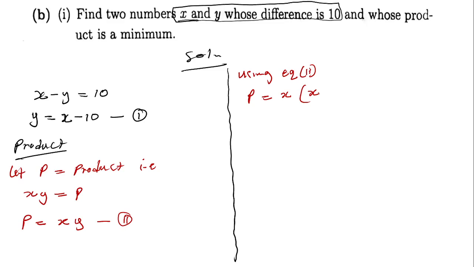This will give me P is equal to x squared minus 10x.